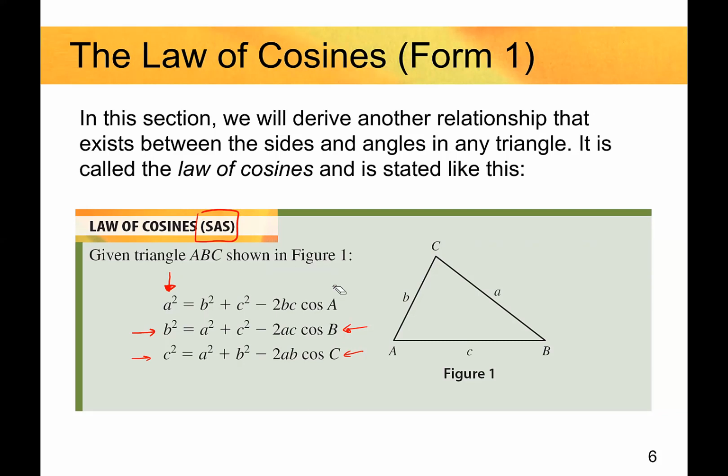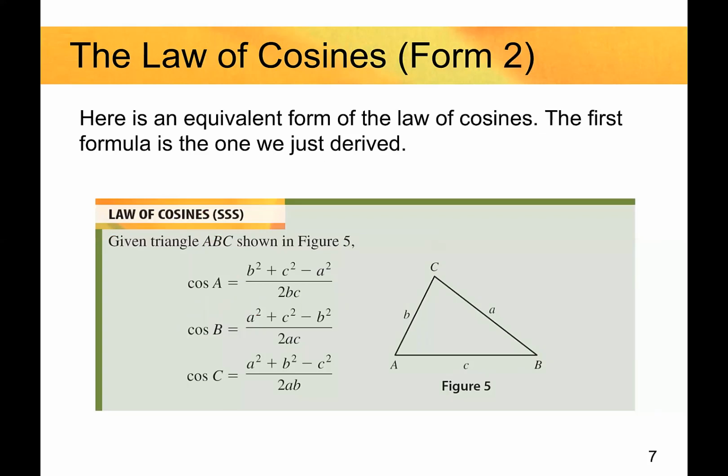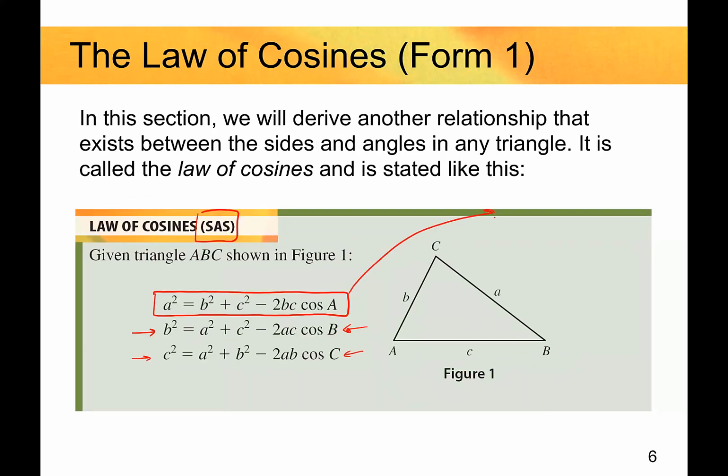And we are actually going to derive this one right here, because all the rest of them derive exactly the same way. All right, the other form is just taking this and putting it in a different way. So let's take the first one right here.